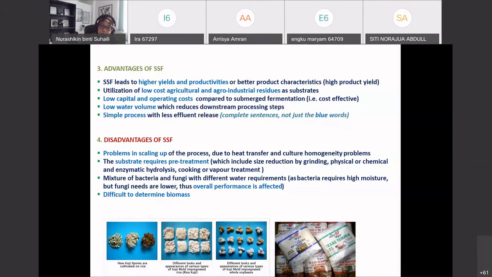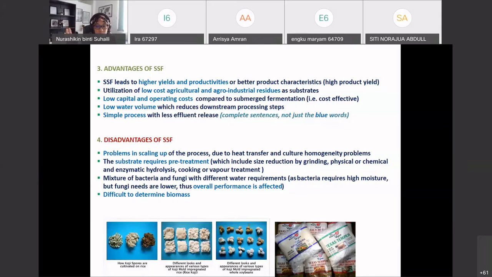Okay, so although you get all the advantages of liquid fermentation, like easy to control the temperature and easy to mix the cultures, there is a cost at the end of the fermentation, which is included in the downstream processing. Downstream processing is the stage after the fermentation. Fermentation is upstream.